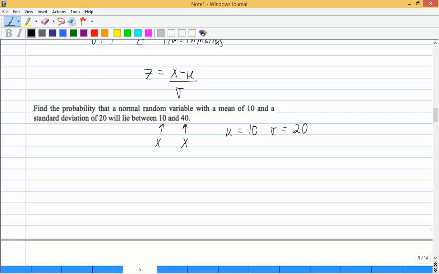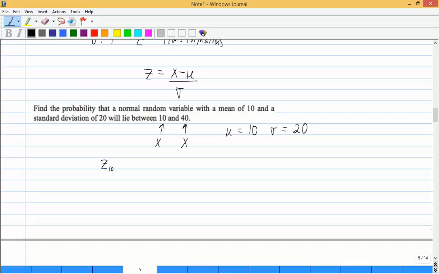So we need to find a Z-score for 10 and a Z-score for 40. It doesn't matter what type of notation you use, but you may want to use a notation so that you can keep things separate. For example, I could write Z sub 10, and that would remind me that I'm finding the Z-score for 10. You don't have to do that, but if you want to stay organized, you might want to do that.